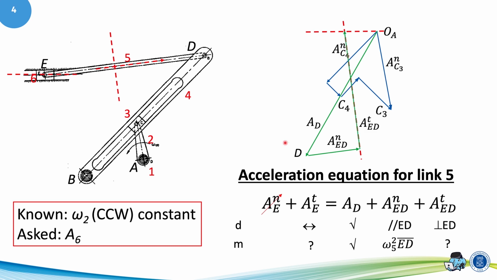So we can get the polygon, and the AED tangential is this vector. And the vector of the AE tangential is this vector going to the left side. And we know that this point is the point E by using the acceleration image. So from this acceleration polygon, we can know the magnitude and the direction of the A6.